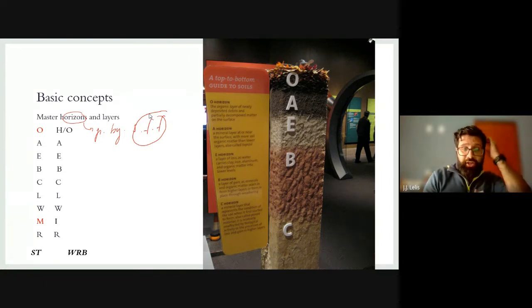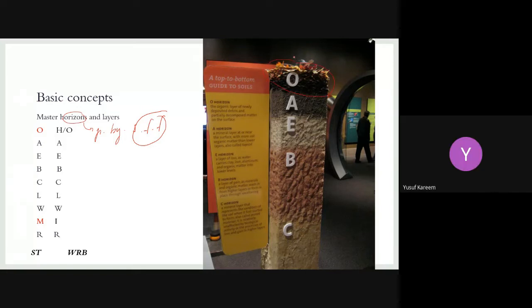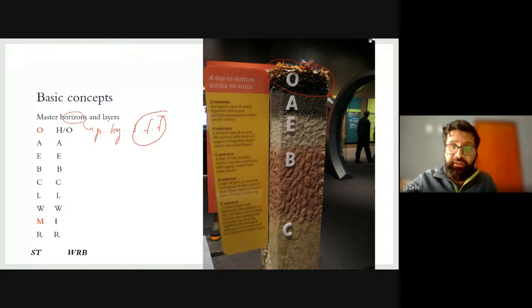I can share some examples. Littering, just the fall of some leaves, like here. It's just a bag of leaves that was produced by vegetation. This is not a horizon because this is not a soil process. It's just the fall of leaves.